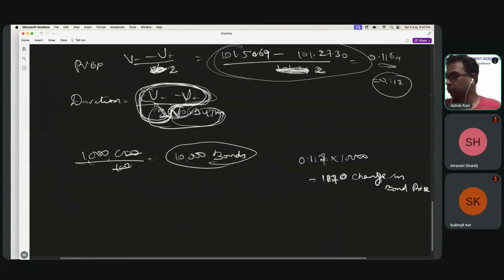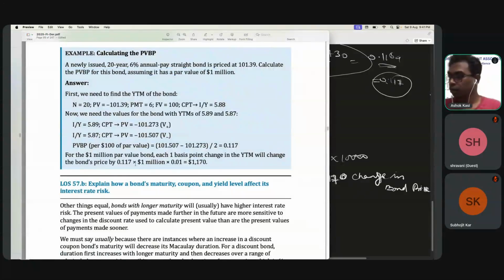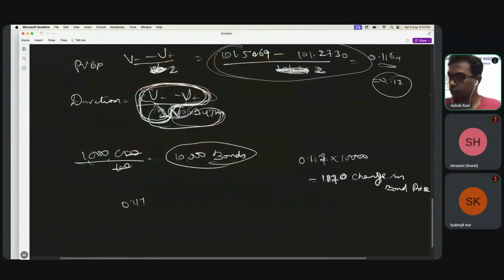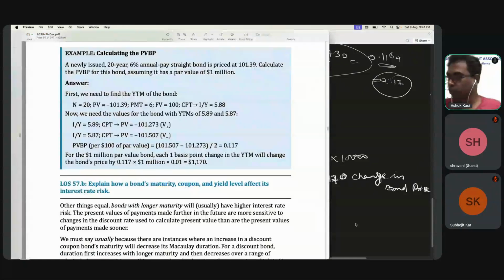How they have done it is 0.117 into 100, into the value of 1 million, into 1 basis point.